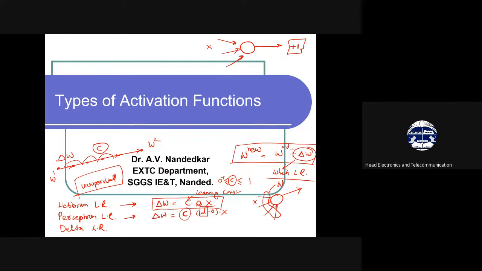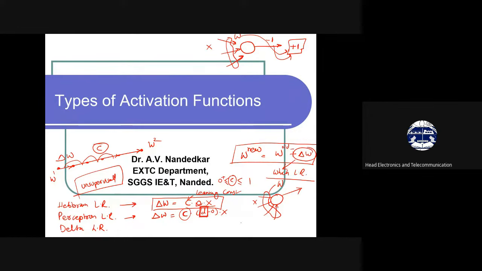And by chance your neuron is giving you -1, then you want +1. So it is giving you a wrong answer. In that case, these weights are updated to produce the required result. So this learning signal, that is the desired response signal, controls your learning.